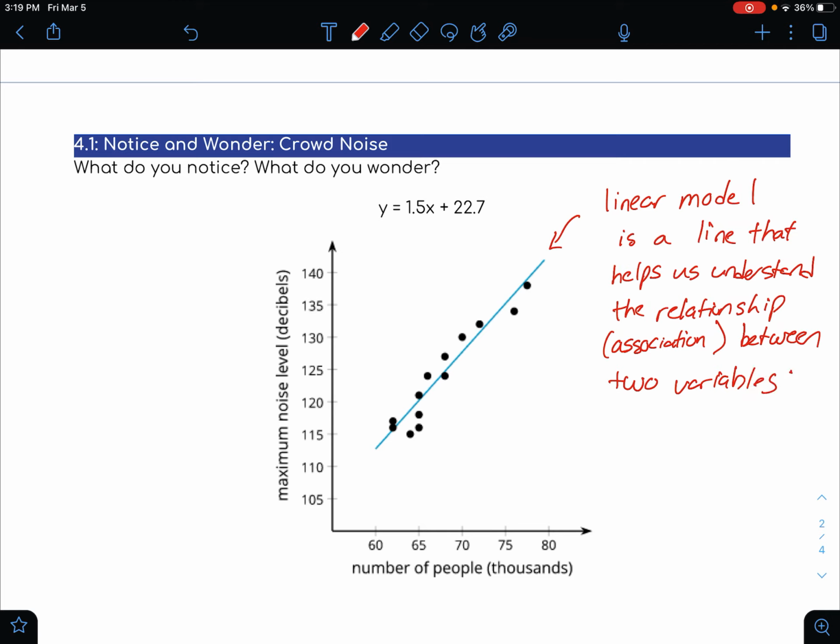And in this case, the variables are number of people and noise level.